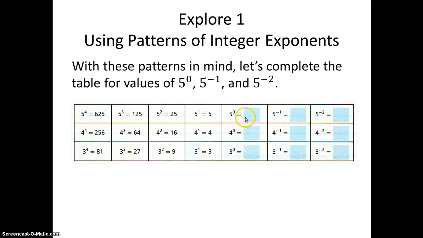So 5 divided by 5 is 1. Decreasing the exponent again, 0 minus 1 to get negative 1, I'm going to divide once again by 5. So 1 divided by 5 is 1/5. And once again decreasing my exponent by 1, I divide the entire power by 5, so I get 1 divided by 25.